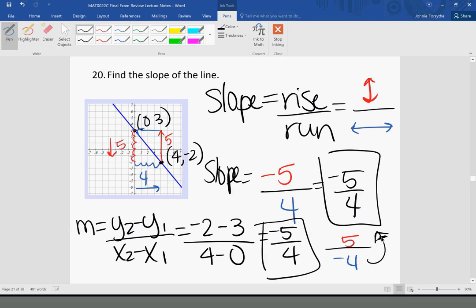That's still going to give you the same thing. So either way, you can count your rise over run from one point to the other, or you can identify the points and plug them into the slope formula. You'll get the right answer either way. Excellent question, though.